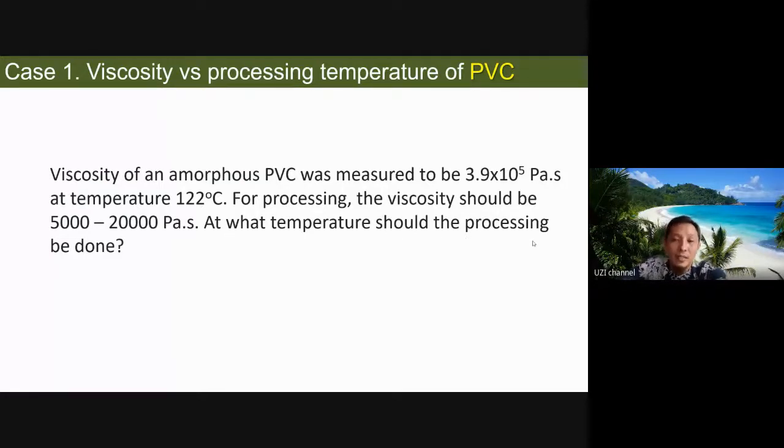So we are designing the chamber. No matter whether it is extrusion or injection molding, the principle is how to control the temperature of the processing of PVC so the viscosity can be kept between 500 and 5,000 and 20,000 Pascal second.